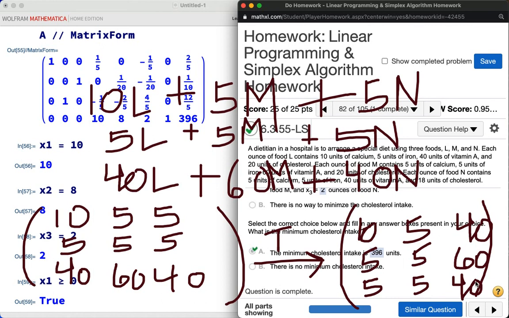And in case you're wondering, why are these problems a big deal? They are a very big deal. They're used a lot in business and economics. These linear programming models, these maximization and minimization problems, are used a lot in economics.